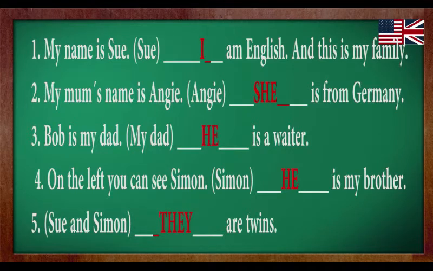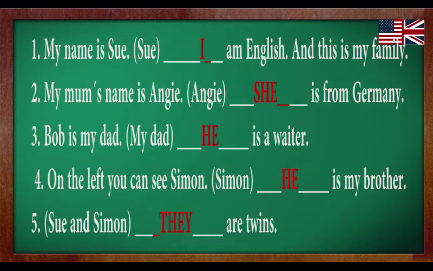Number 2. "My mom's name is Angie. She is from Germany." 3. "Bob is my dad. He is a waiter." 4.